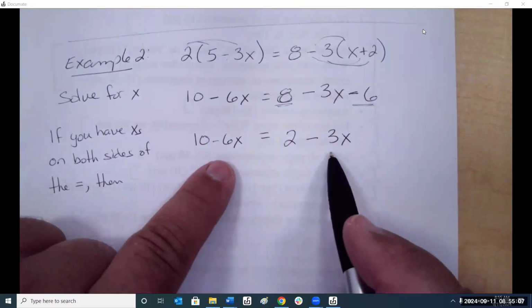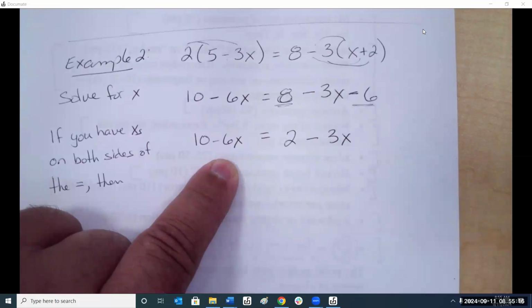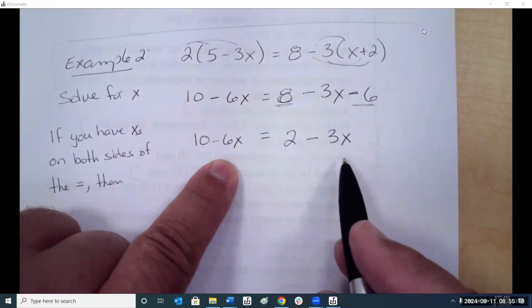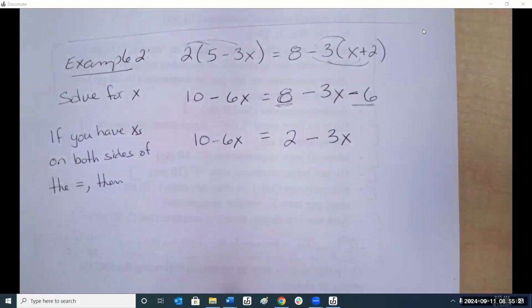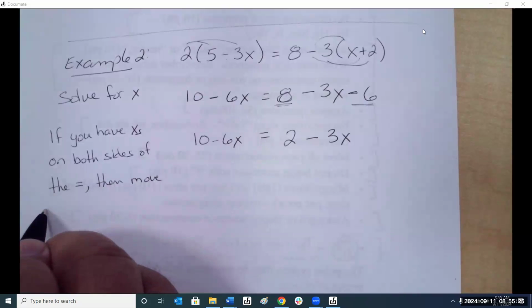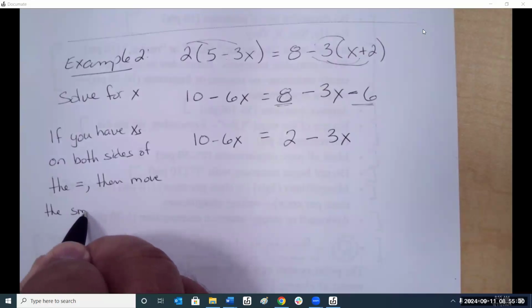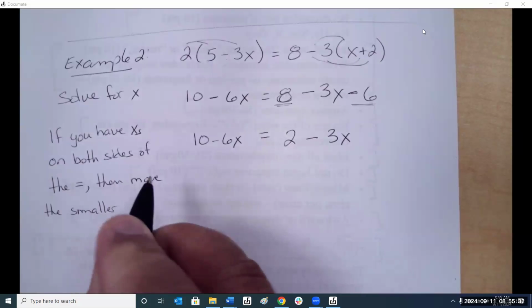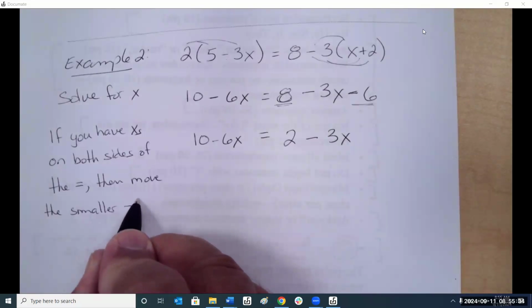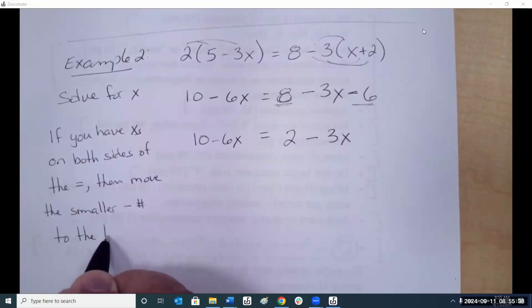Because which one's bigger, -6 or -3? Negative. No, negative. Why is -3 bigger? It's farther to the right on a number line. So then move the smaller negative to the larger.